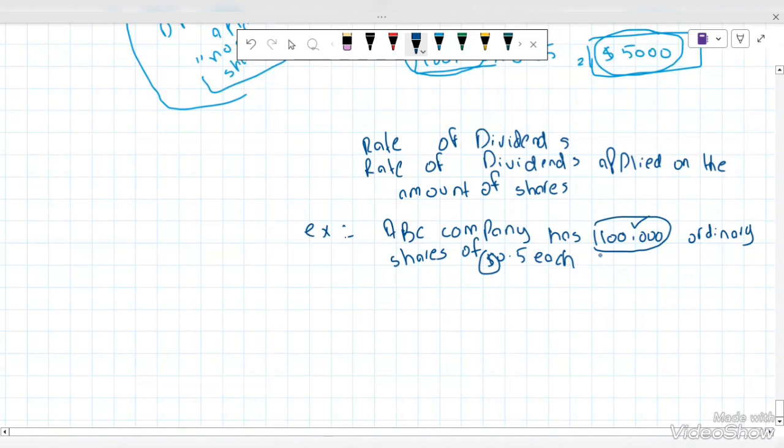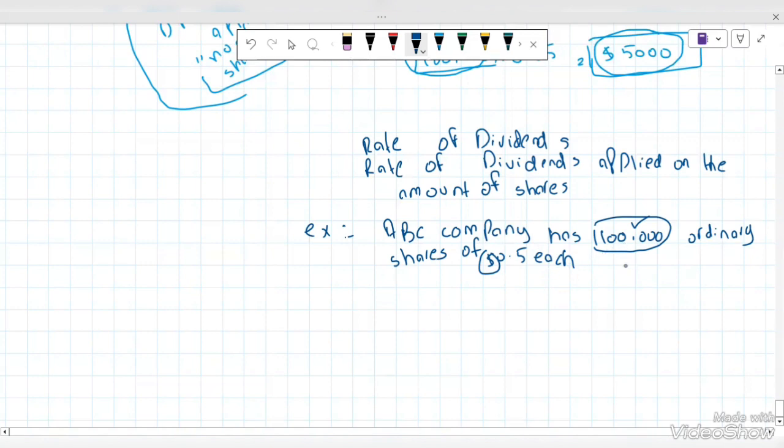So if I want to purchase maybe 100 shares from the company, I have to multiply 100 by 0.5. The amount I get after multiplying is what I will have to pay to the company in order to purchase 100 shares from it. Okay, so just remember this thing.